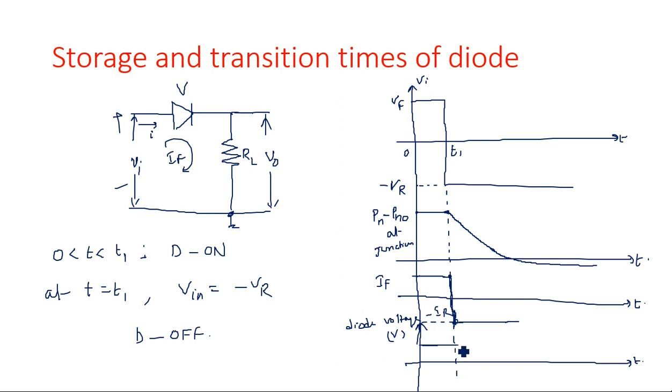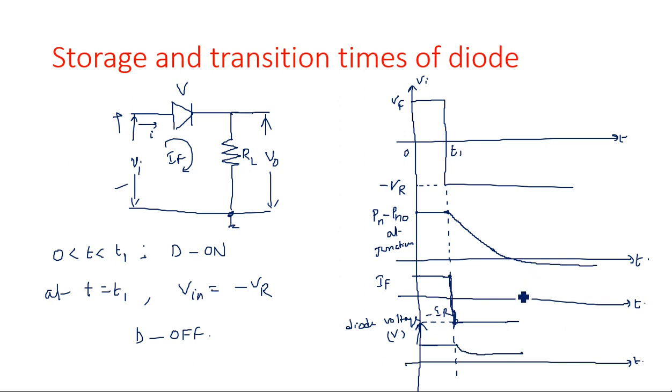It will not immediately lose that charge. It slowly releases those minority charge carriers over a certain time period. After that, the majority charge carriers leave the junction, and only minority charge carriers are there.